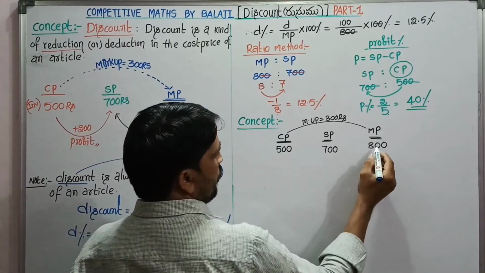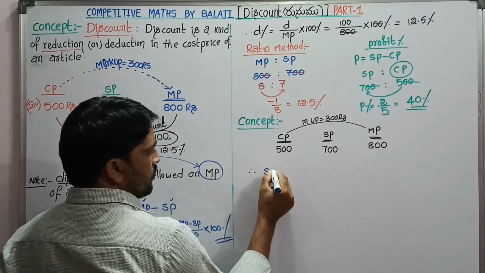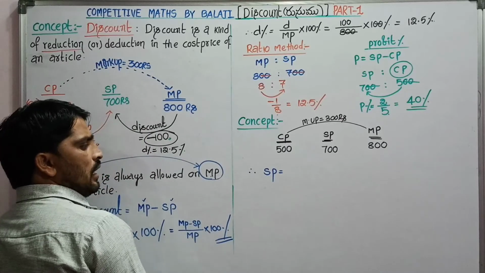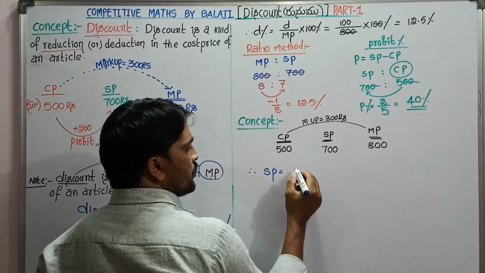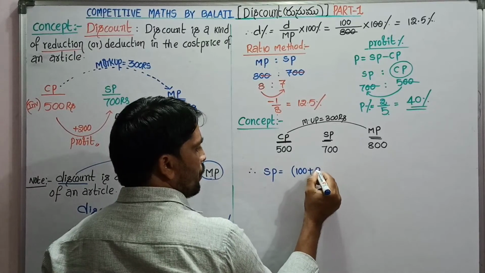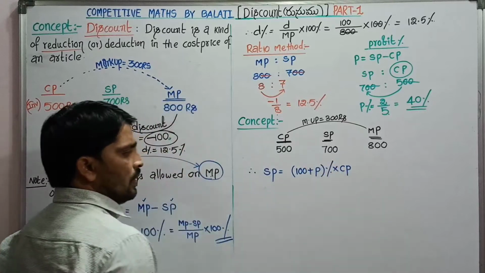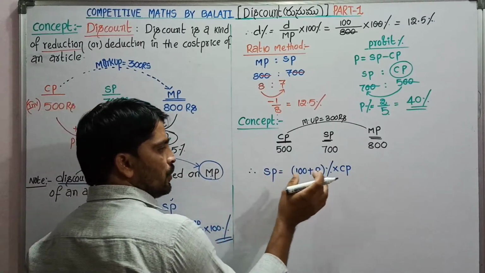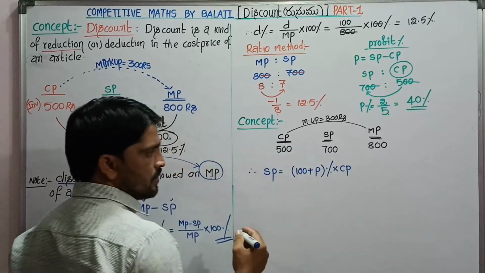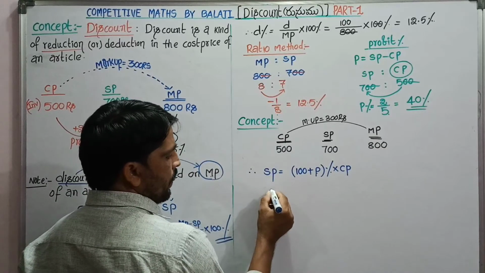Yes. Now we know that selling price is always equal to 100 plus profit percentage of CP. That is, selling price is equal to 100 plus P percent of cost price.